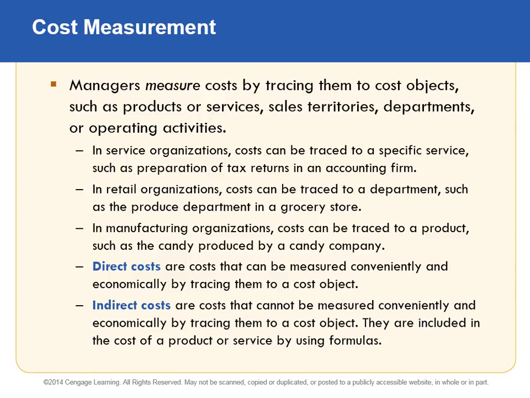But another name for indirect costs is overhead. That's why we use formulas. For example, the utility bill: how can you trace that to the product? There are certain ways to do that. Or inspection, for example: how can you relate that to the product?